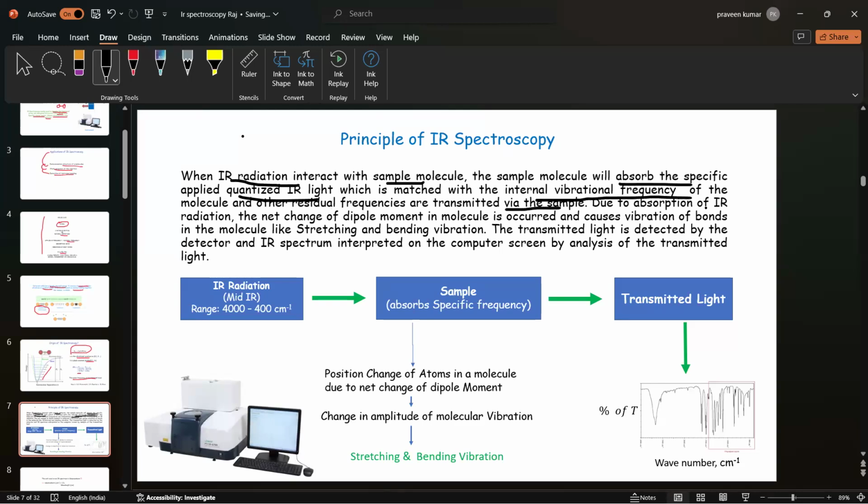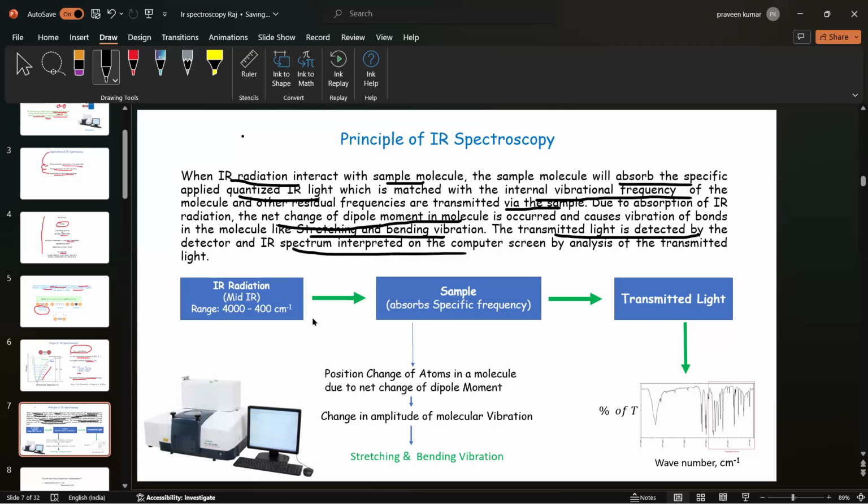Due to the absorbance of the IR radiation, there is a net change in the dipole moment of the molecule, because of the vibrations in the molecule. That's why molecules which do not possess any dipole moment are IR inactive. It causes the vibration of the bonds in the molecule, like stretching and bending vibrations, which is recorded by the detector, and the IR spectrum is interpreted by the computer.